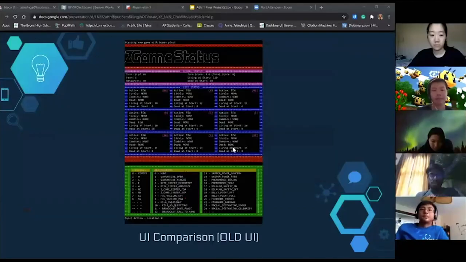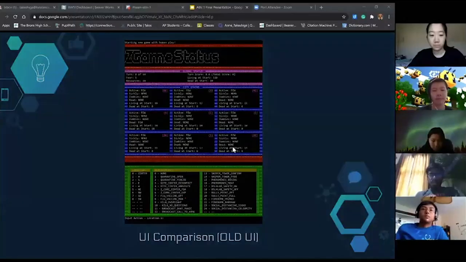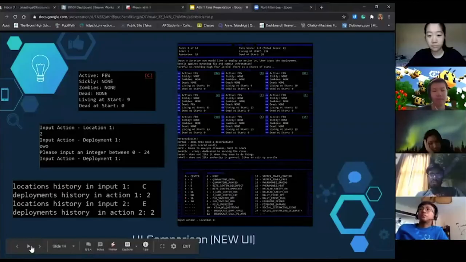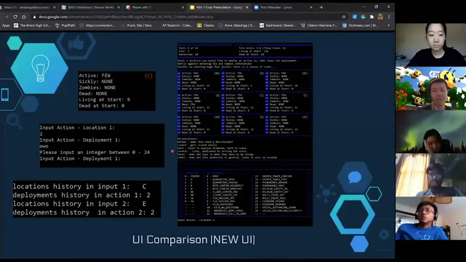So this is what the UI looked like with the base game. And for a new UI, it looks like this. And what we did is we added indicators for our variables, including fear, trust, and morale. And we added a small description for each personality to give the player a sense of what to expect. Additionally, we added a reset command so that when they finish the game, they can restart.